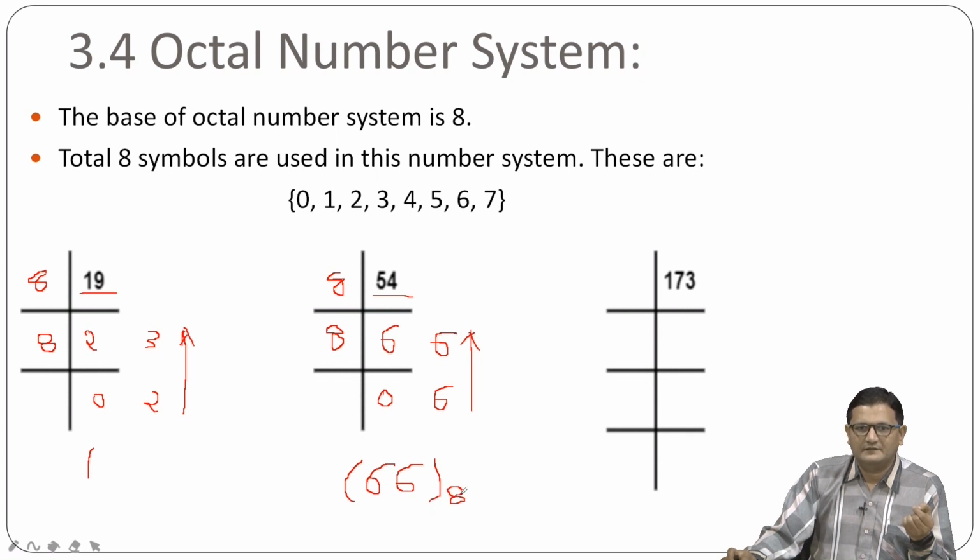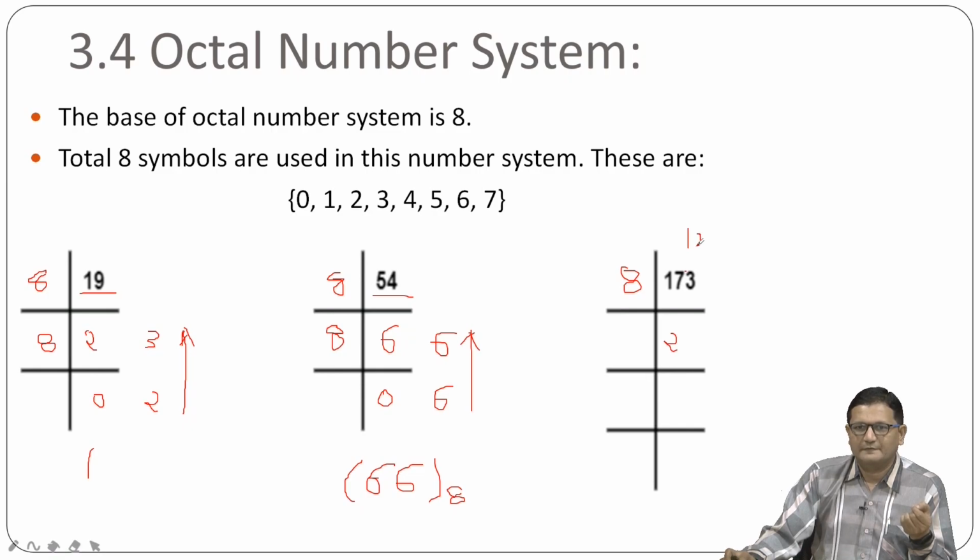So similarly, let us suppose 173 is there, okay. So what you need to do is divide this number 173 by 8. So here 8 twos are 16, so you just mention 2. Now one remainder is there, so you just consider 1 here, right? So here you just understand 1 and then 3.